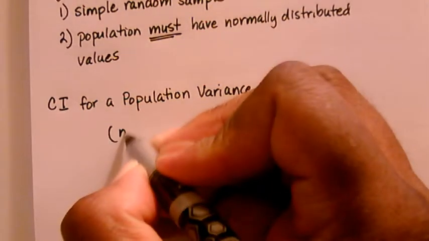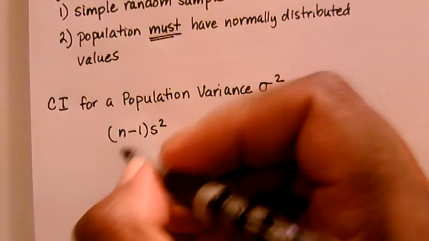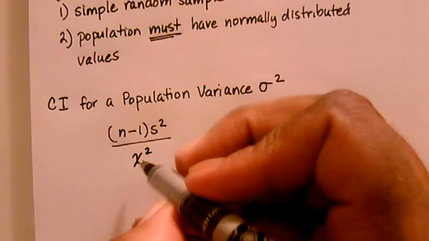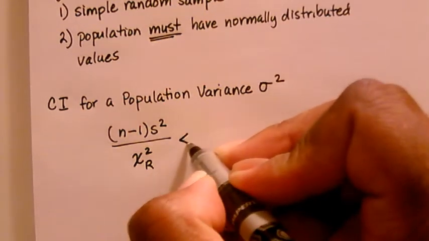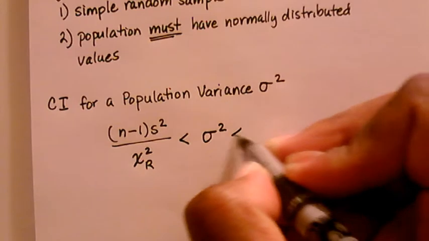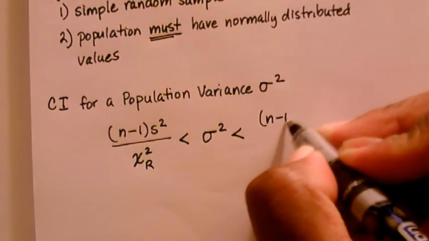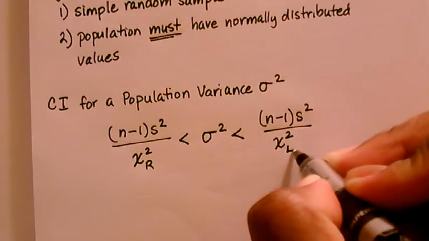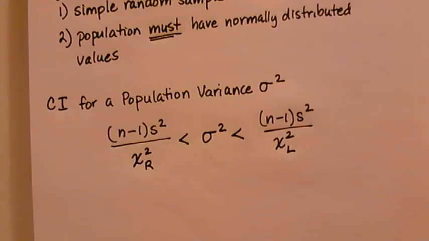It's going to follow this format: n minus 1 times s squared, divided by the chi-square value on the right, is less than sigma squared and less than n minus 1 times s squared divided by the chi-square value on the left. And it is correct for this to look like this. Okay.